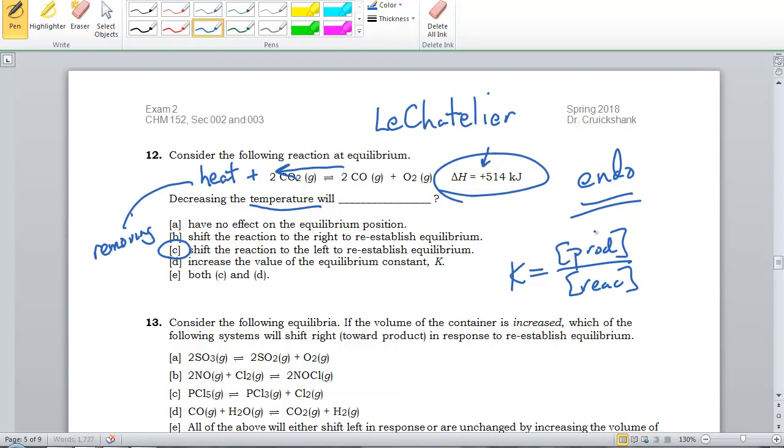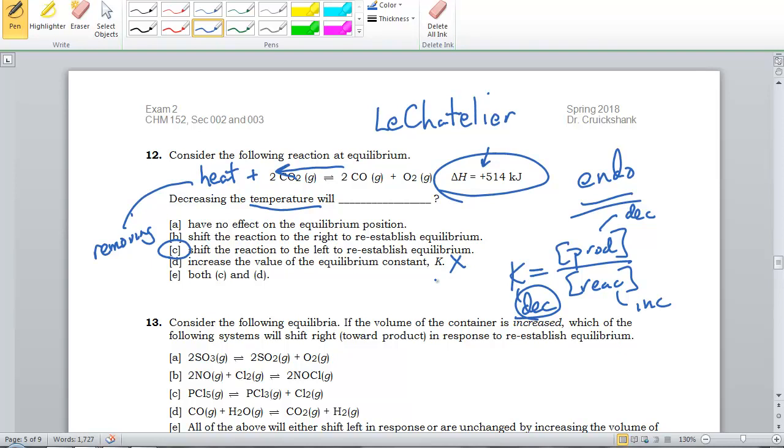So if it shifts left, product is going to decrease, reactant is going to increase. What's going to happen to my equilibrium constant? Smaller numerator, larger denominator, my equilibrium constant will decrease. Okay, it doesn't increase, so that's out. So the only correct answer here is choice C.